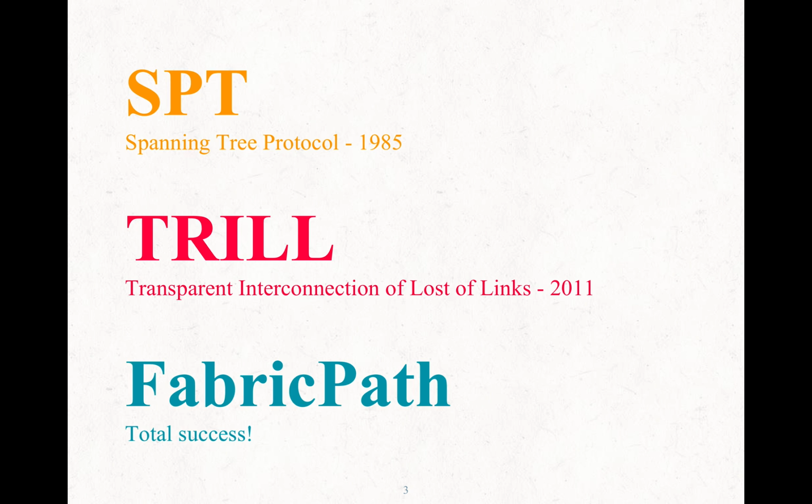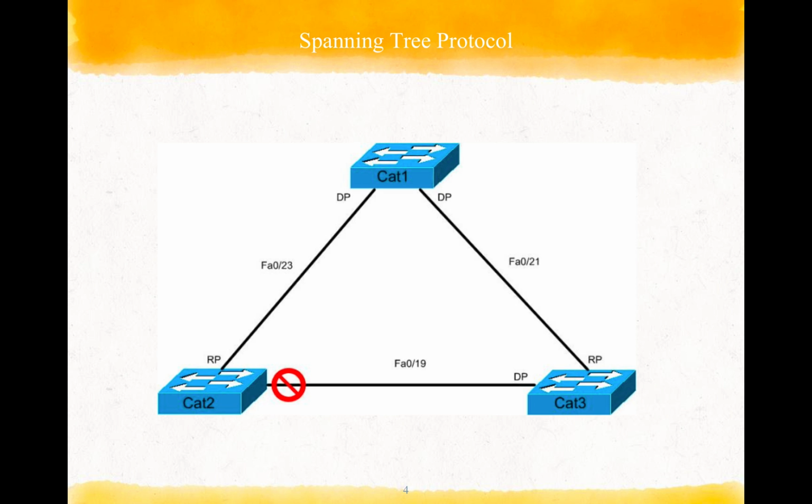Spanning tree was introduced in 1985, and the problem with spanning tree was that you have a redundant link, but it stays in a blocking or alternative mode until a failure happens, so you can then use your redundant link.